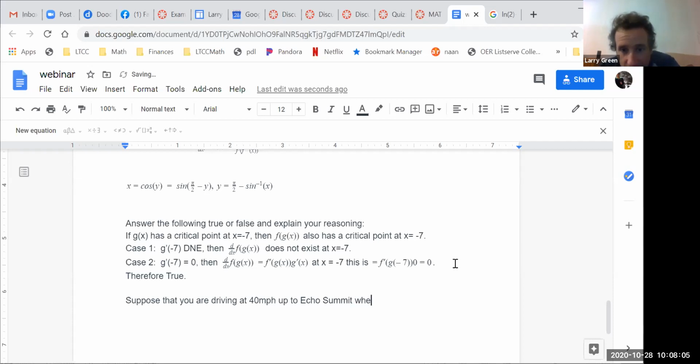You can drive 40 miles per hour at Echo Summit, along a grade that is, let's see. Oh, you know what? That won't work. You want to change the formula. So I've got to pick another one. It's not easy to just immediately come up with an example. So let me come up with a different example.